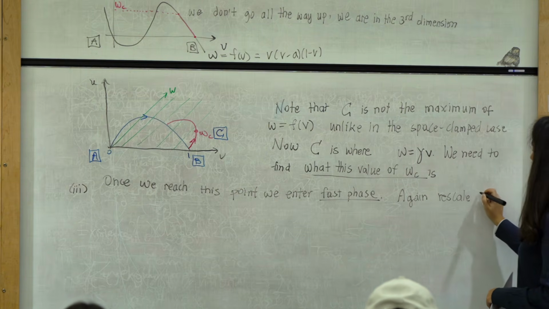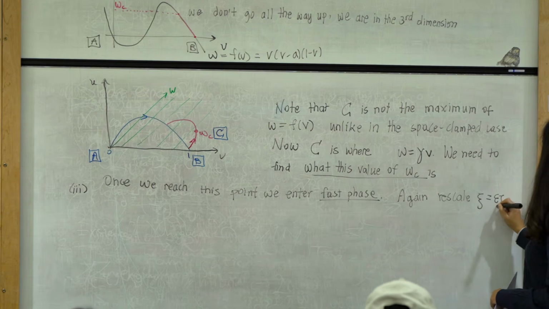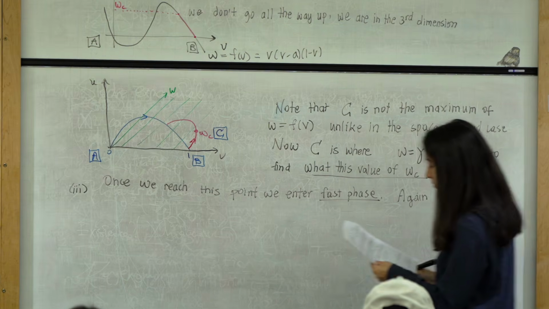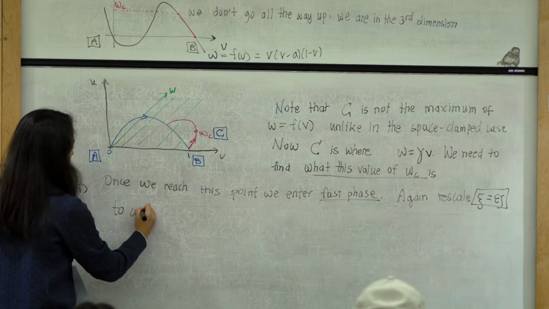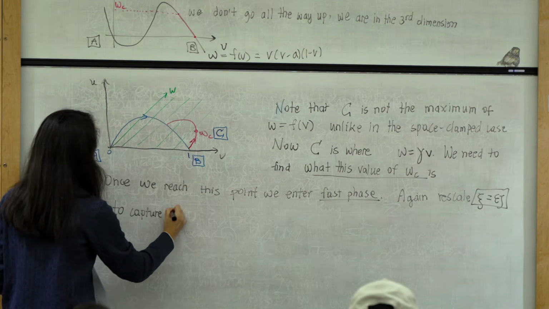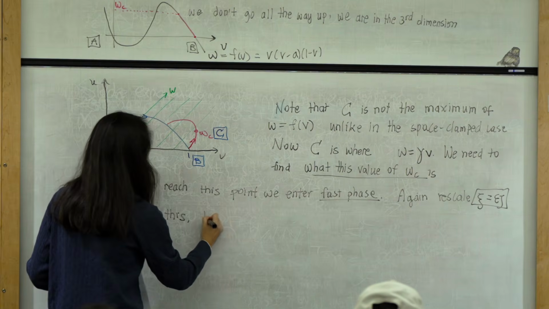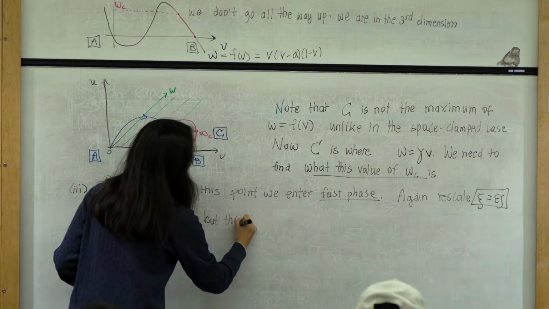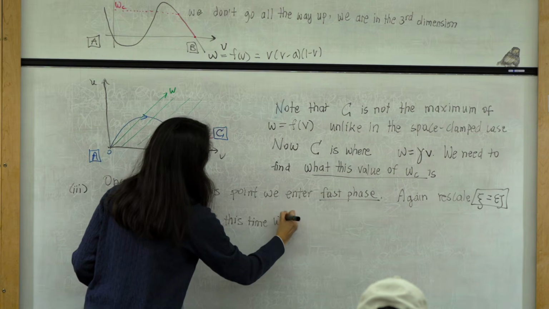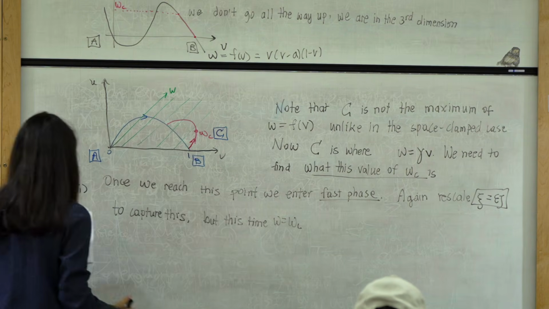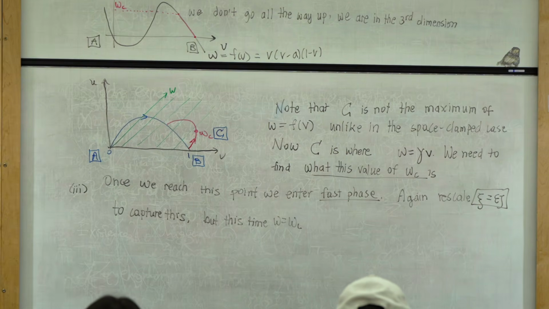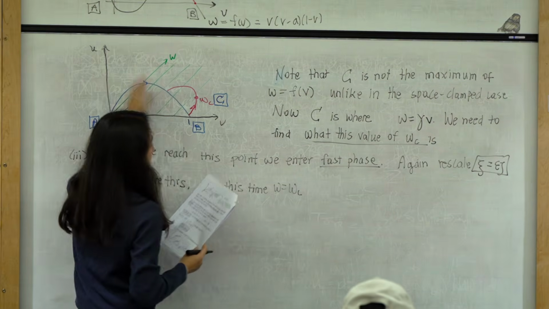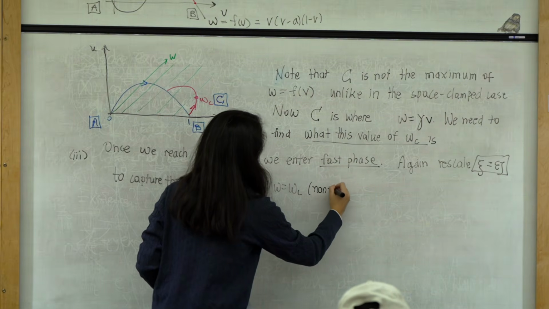So I'm going to rescale the xi variable again as epsilon zeta, to capture this fast phase. But this time, I'm going to have that the W is set to WC, which is the number I'm trying to find. And it's going to be a non-zero constant. So that's what we have for W now.